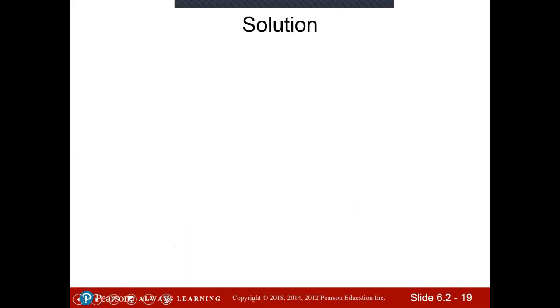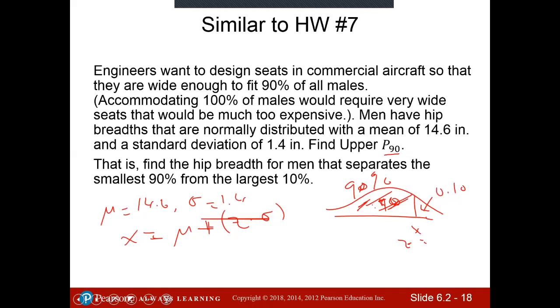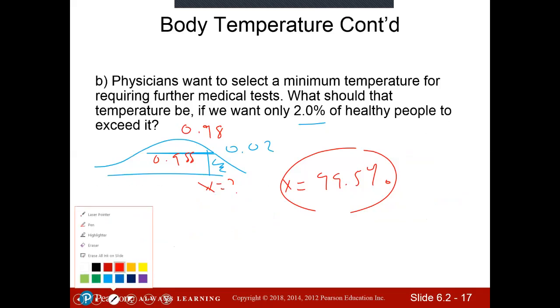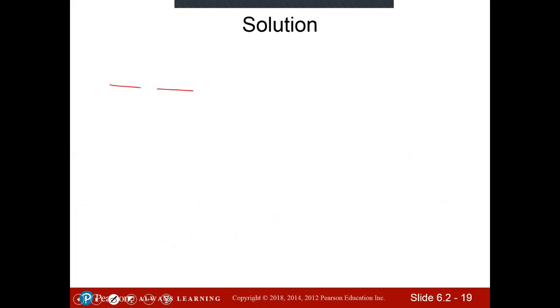Let's pick the pen. All right. So now I want this area. This area is 0.1, and this is 0.9. That one is Z, which we don't know.